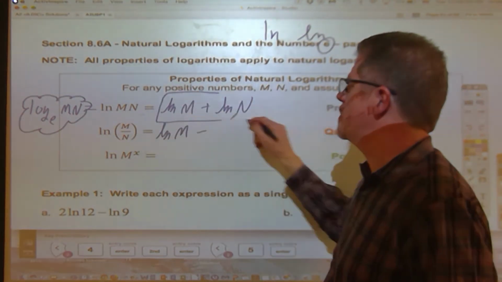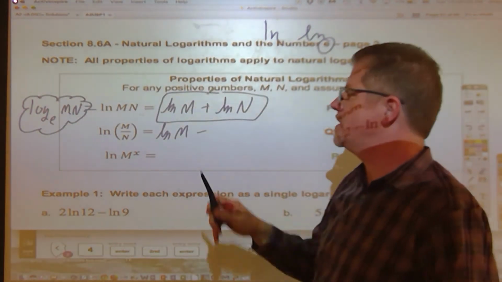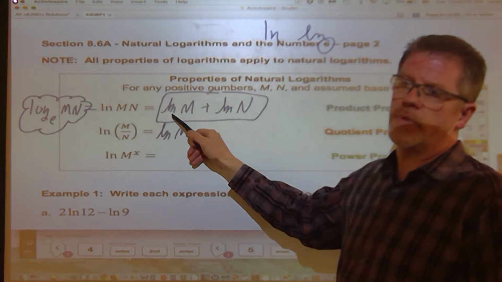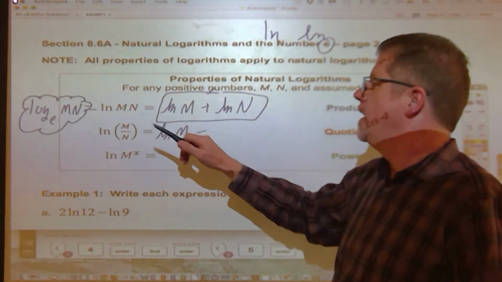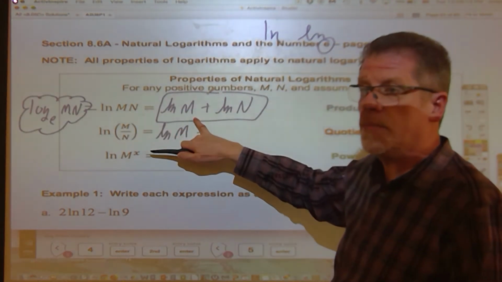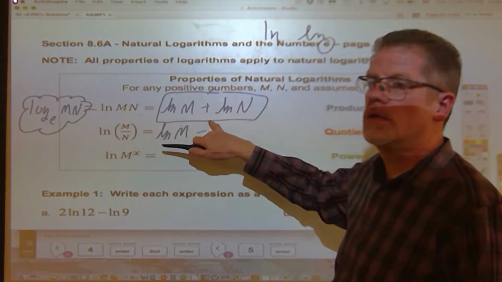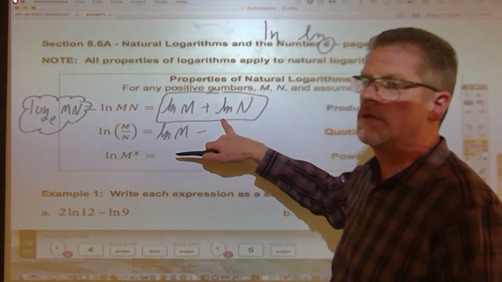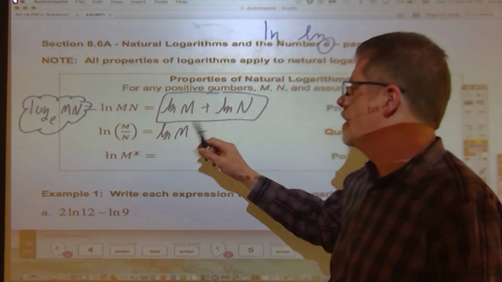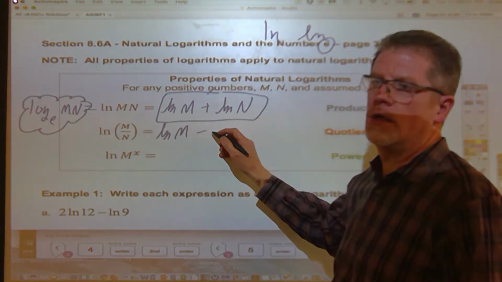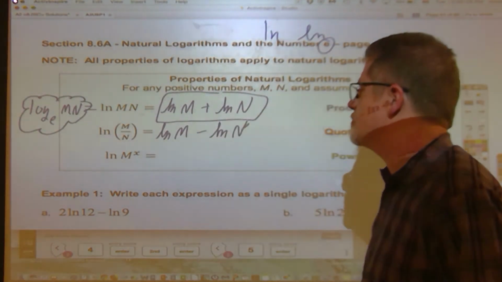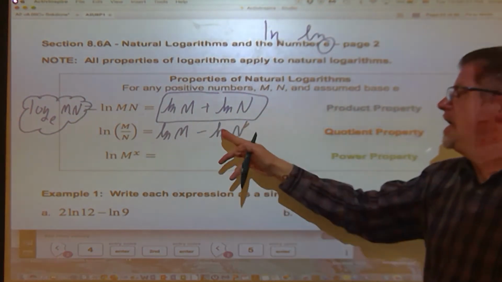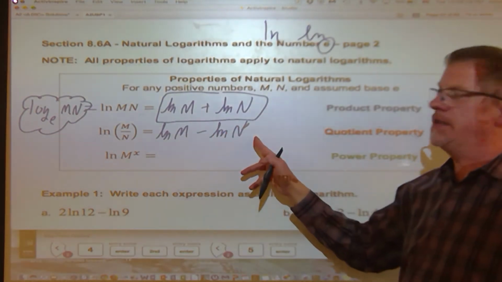Just pronounce this expression. Make sure we're okay on the pronunciation piece. Natural log of m minus natural log of n.